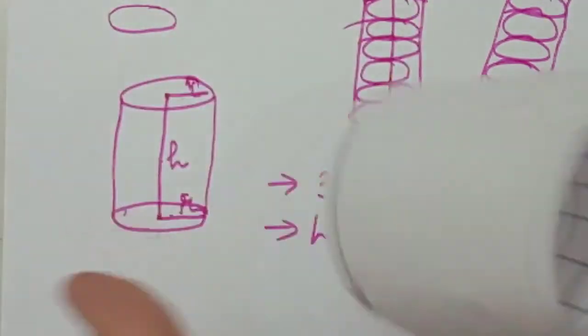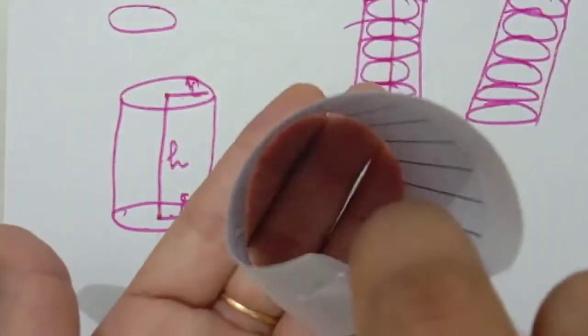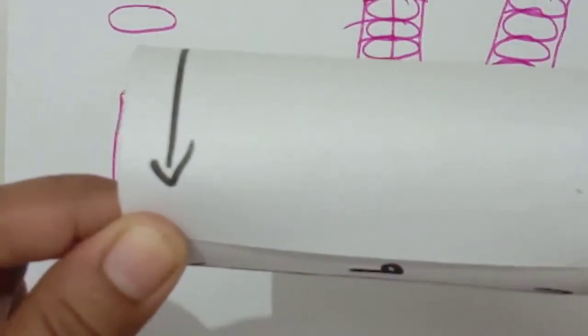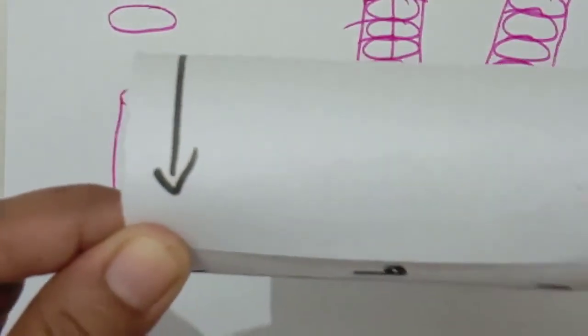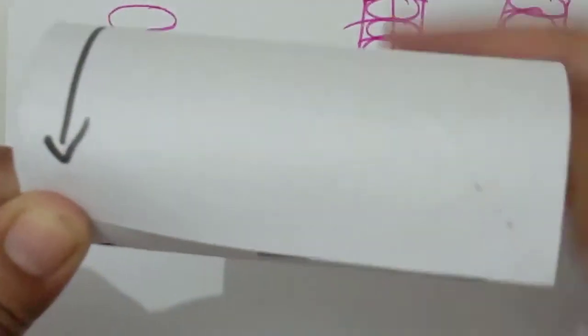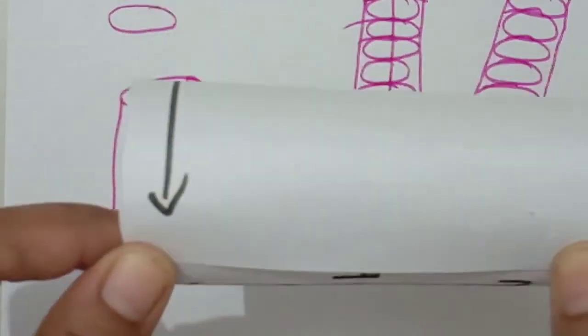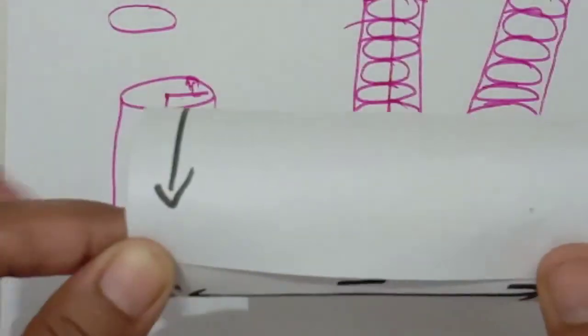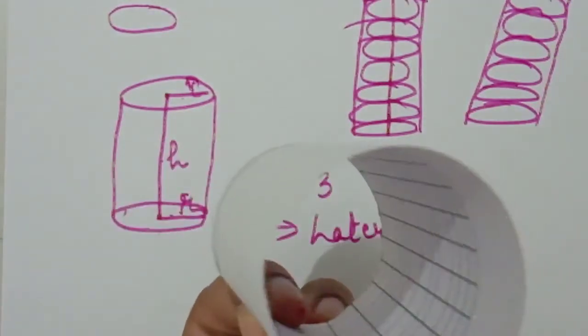So this circular face touches the base, so we call it a lateral face. But we use the word lateral when we have straight surfaces with straight lines. Now we have a curved surface, so we call it a curved face. Okay, remember? So now we have this type of cylinder.